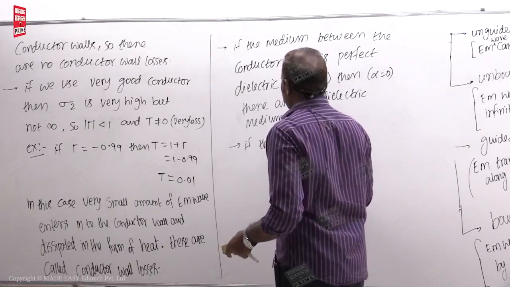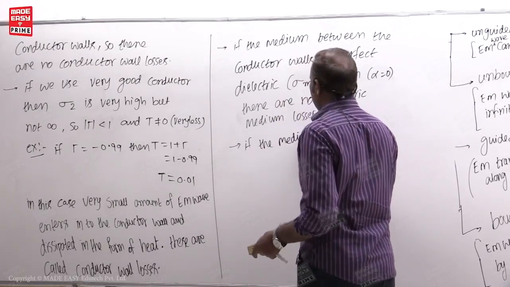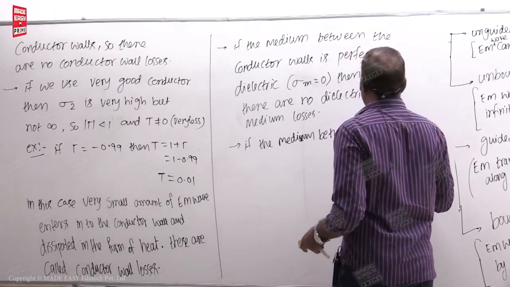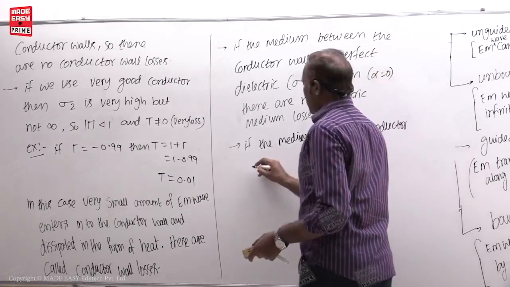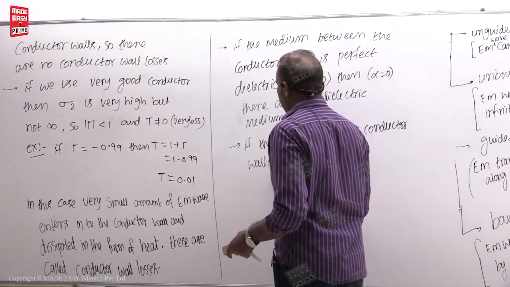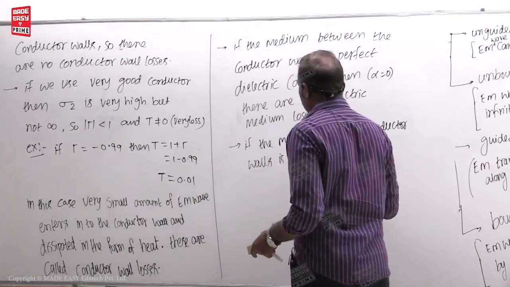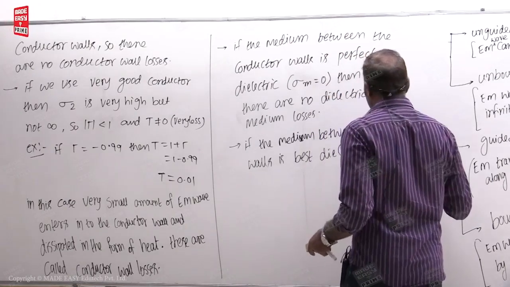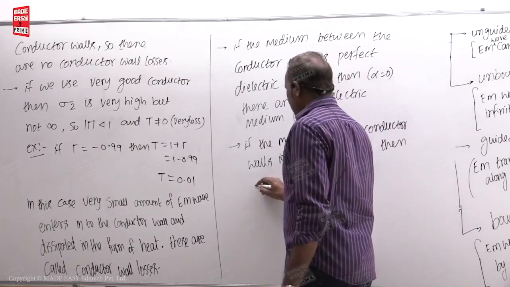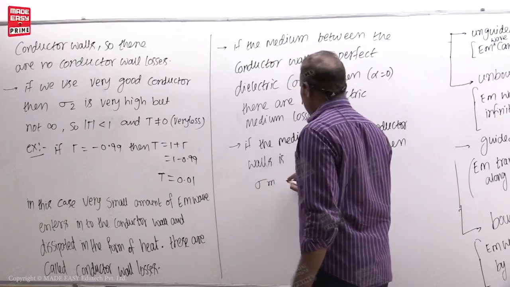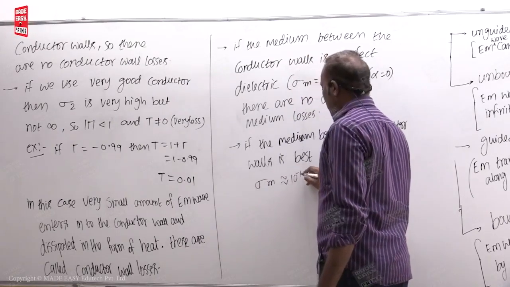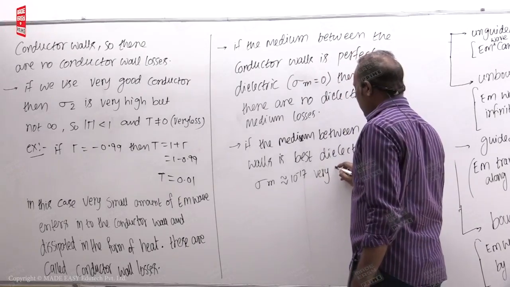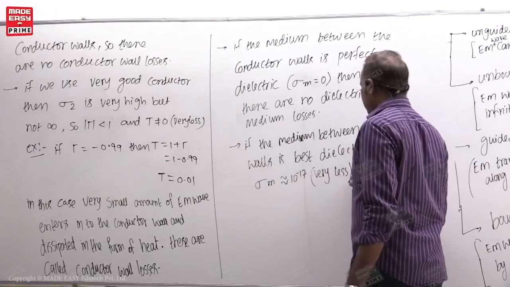If the medium between conductor walls is the best dielectric, then sigma is approximately 10 power minus 17. It is not 0 but very small.